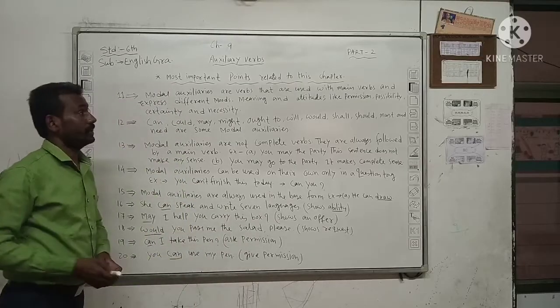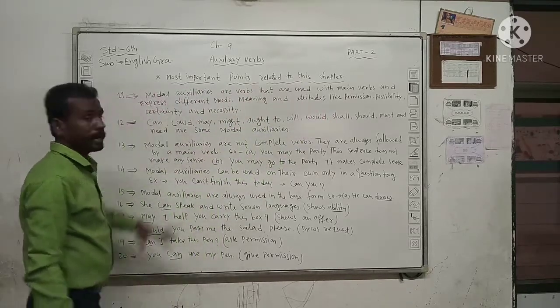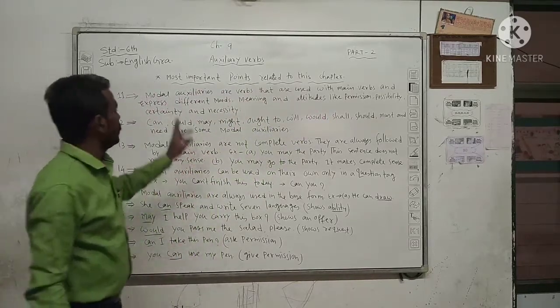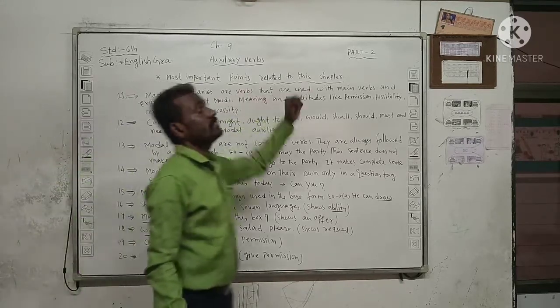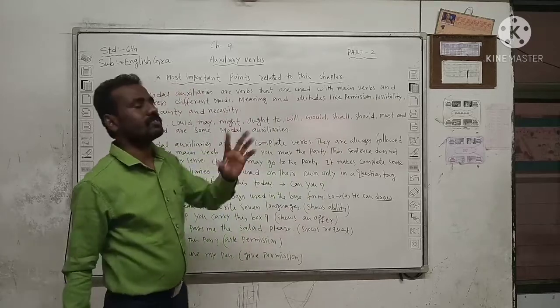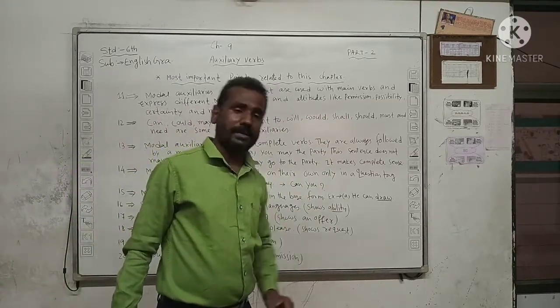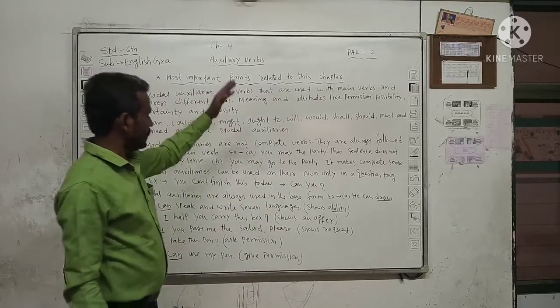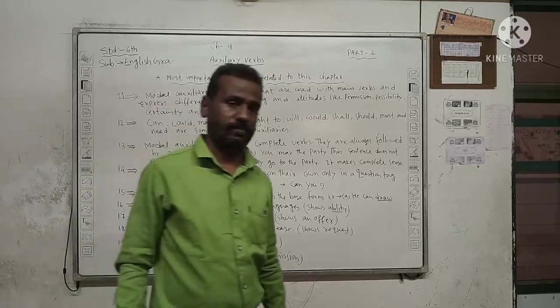Pay attention here. In the same part, already points 1 to 10 I discussed. These are the most important points related to this chapter. 20 most important points I have given from chapter 9. But except the 20 points, you have to go through the exercise also.